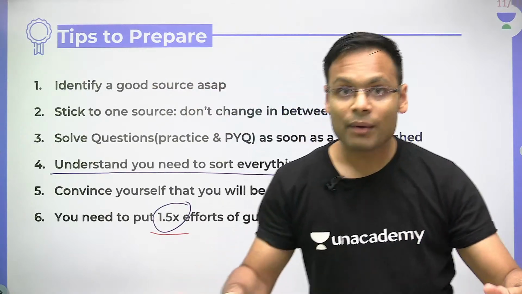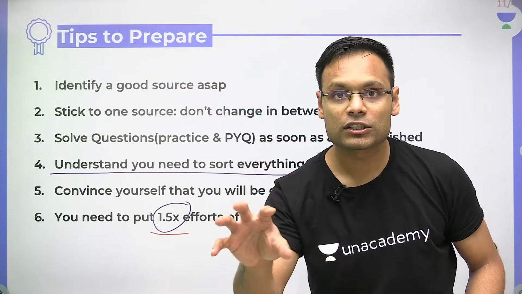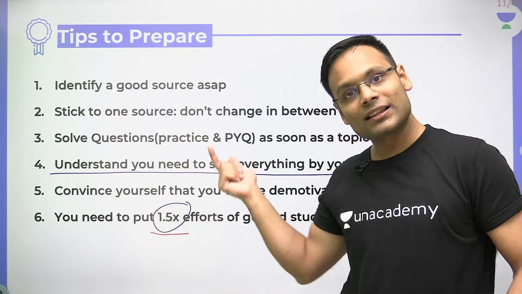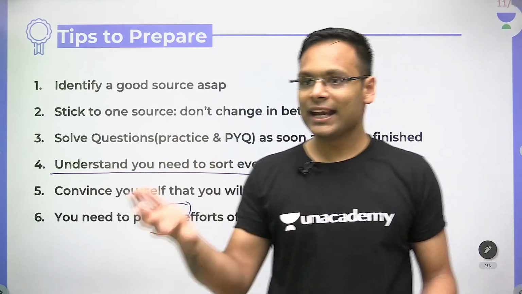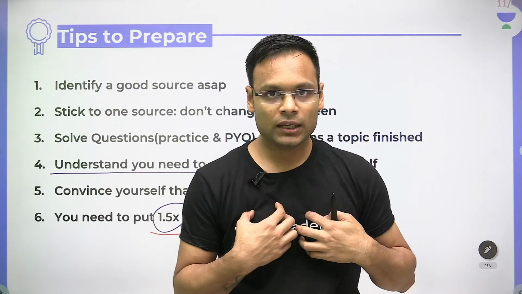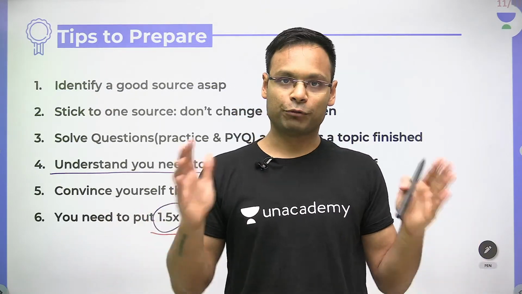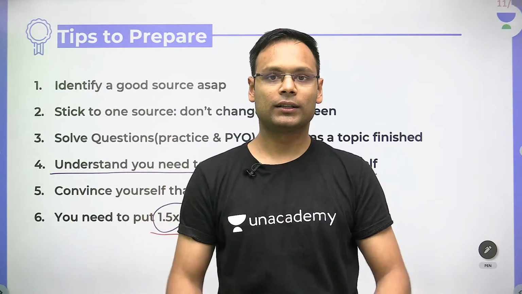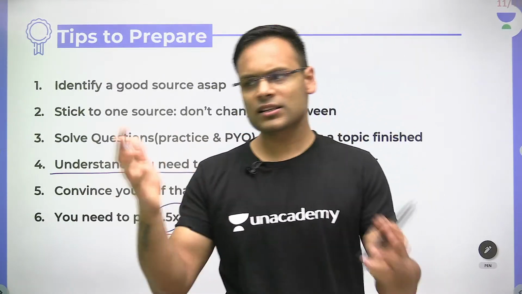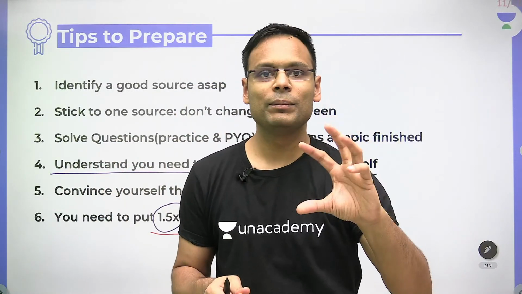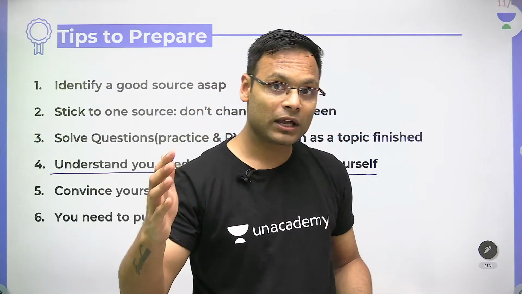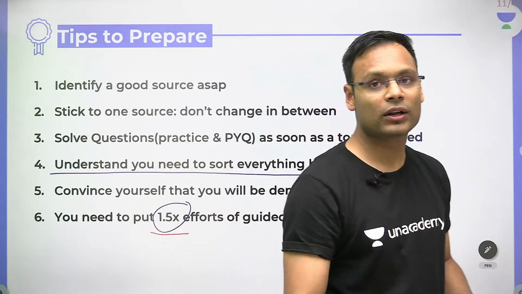There is no harm in that, but you will have to convince yourself that if I have to put in extra effort to get the same rank, somebody studying 8 hours, you'll have to study 12 hours to get the same amount of learning. No problem. If you are able to do that, go for it. If not, you also study 8 hours, the other fellow also studies 8 hours, and you will be able to score more with that 8 hours. And imagine if you can study 12 hours, how good a rank you can get.